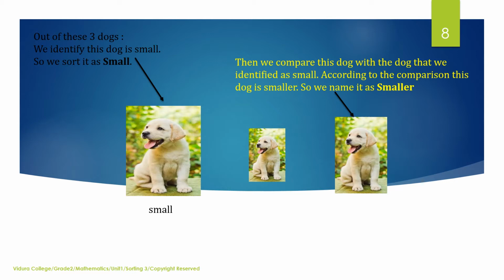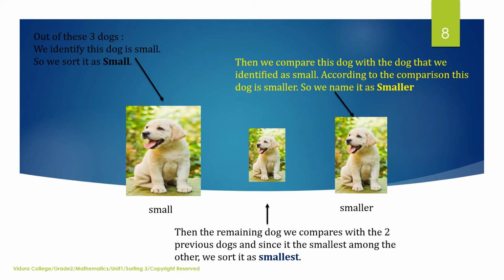According to the comparison, this dog is smaller. So, we name it as smaller. Then, the remaining dog we compare with the 2 previous dogs. And since it's the smallest among the other, we sort it as smallest.